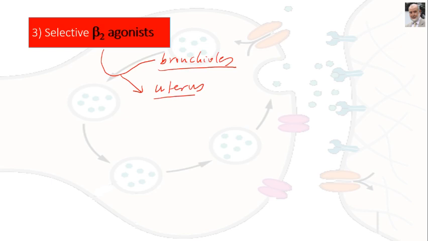Okay, beta-2 receptors are always inhibitory. It means that they produce smooth muscle relaxation, and we have described the mechanism by which they do that in the last presentation. Therefore, in bronchioles, they produce bronchodilation.